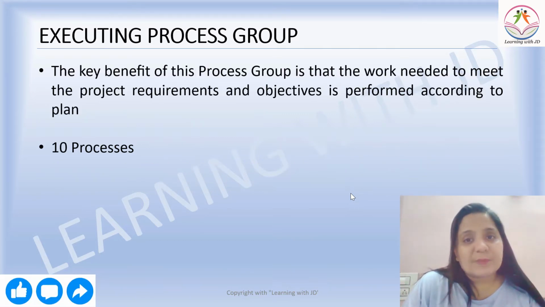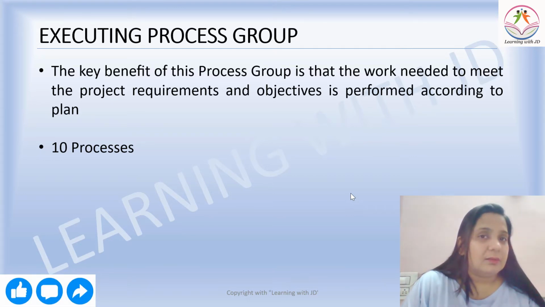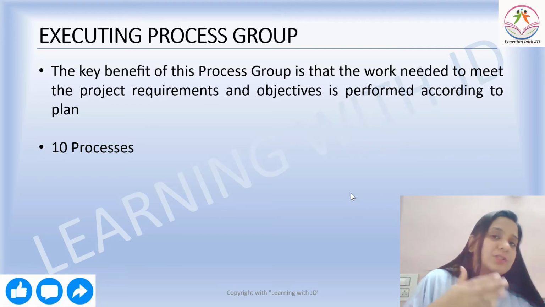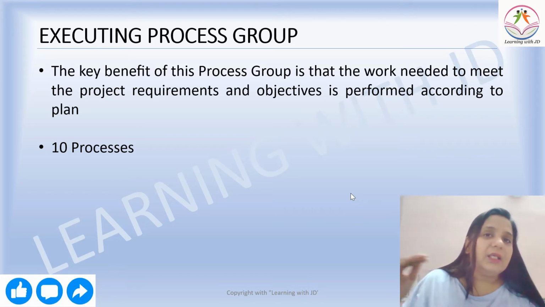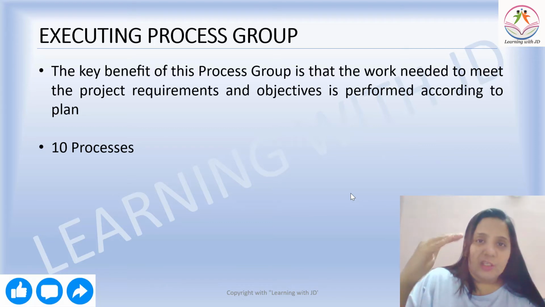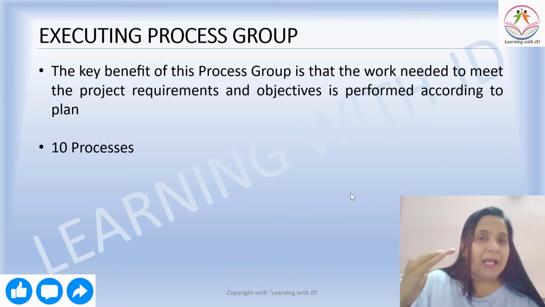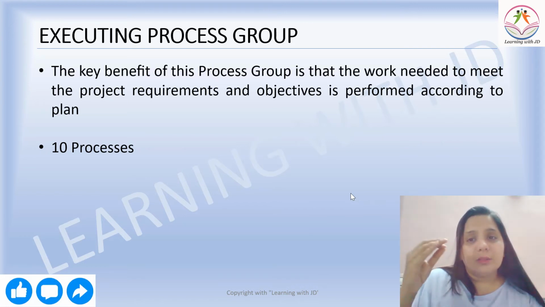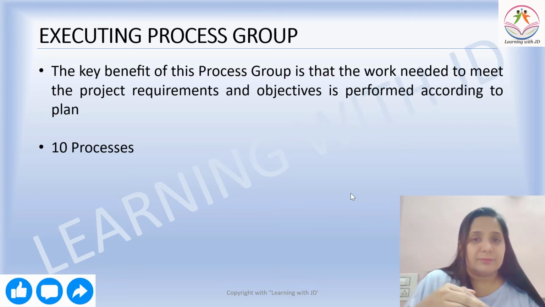The key benefit of this process group is that the work needed to meet the project requirements and objectives is performed according to the plan. Nothing has to go beyond the plan. Whatever you as a project manager have written in the planning process group, all those 10 key knowledge areas where you've mentioned how you are going to plan each knowledge area, that is exactly how the work needs to be done here.